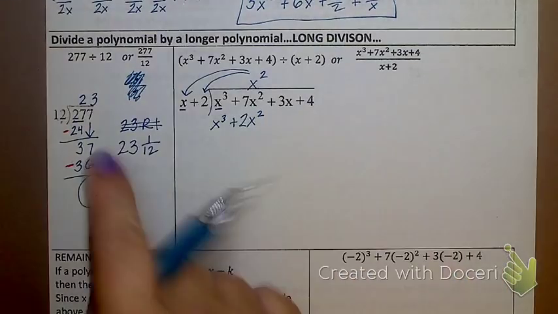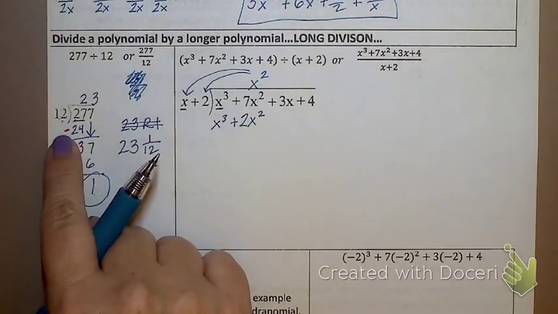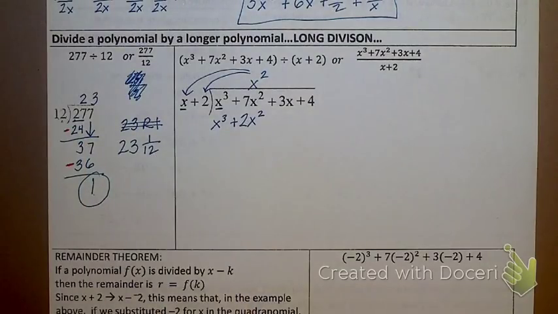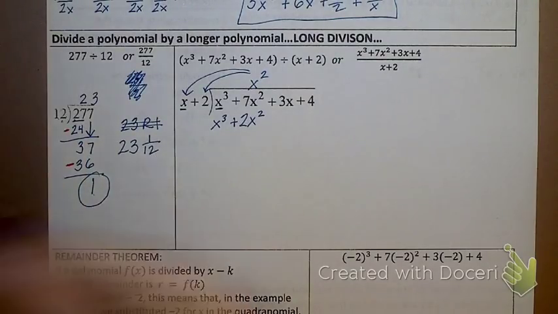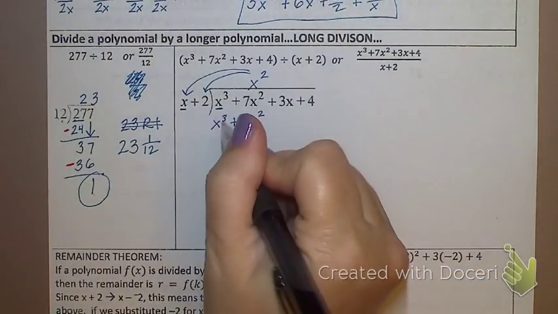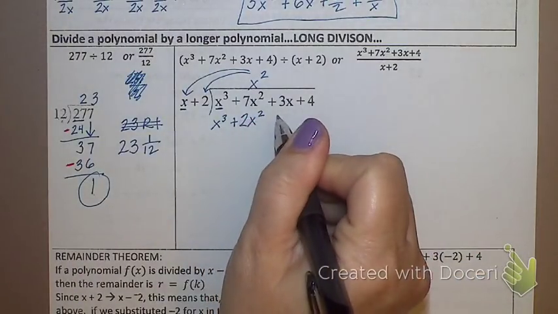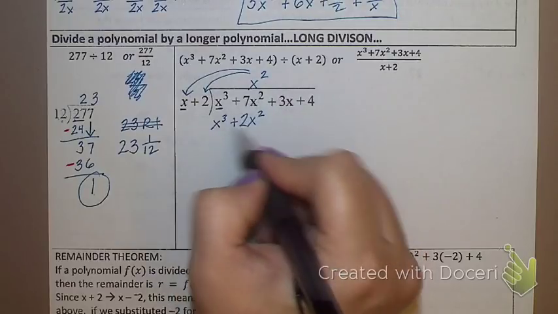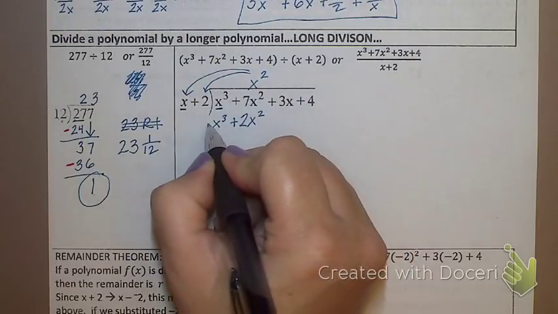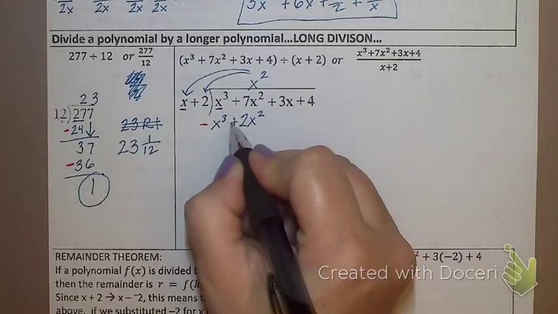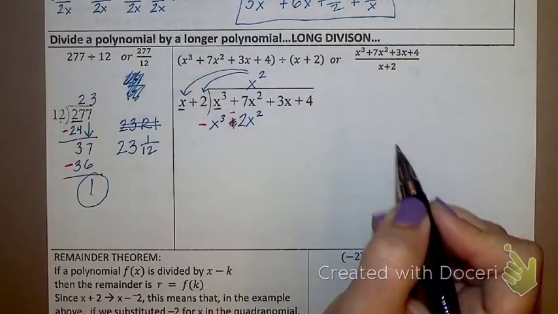Okay. Now, what did I do once I got that number? I subtracted, or in other words, changed the sign. So what I'm going to have to do now is change the sign of everything that I just wrote down. Not the number up top, but these two things down here. So this becomes a negative x cubed, and this is going to become a negative x squared.